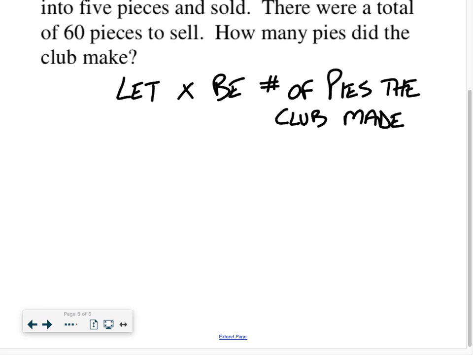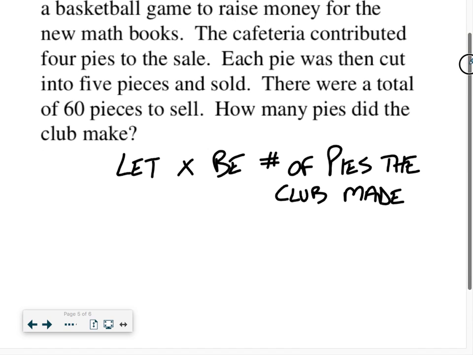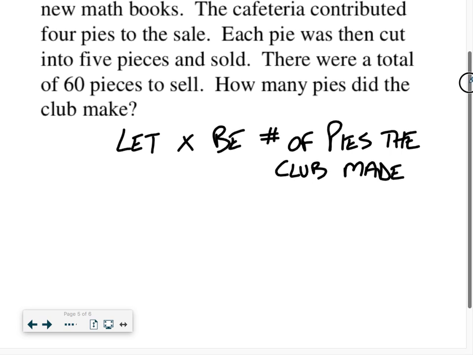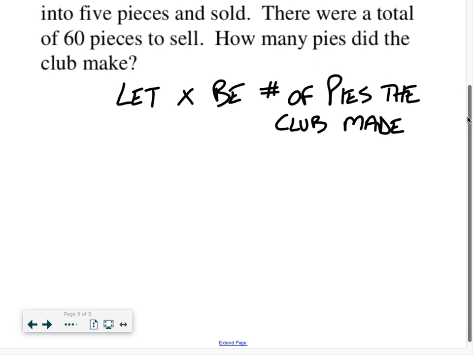Alright, so if we look at this, we've got 60 pieces to sell. Now each pie, excuse me, was cut into 5. So I'm going to do this backwards. We've got 60 divided by 5. That would tell me how many pies we have in total.